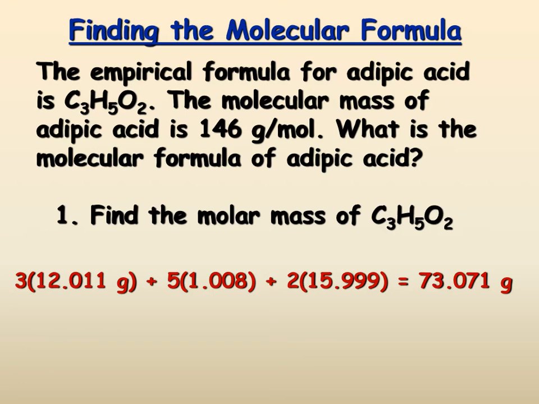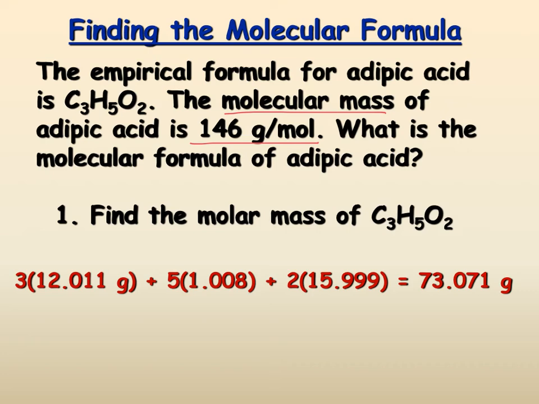So in order to find the molecular formula, what you would need to know is your molecular mass of adipic acid. So how many grams there are in 1 mole of adipic acid. Okay? So this is something I would have to give you.